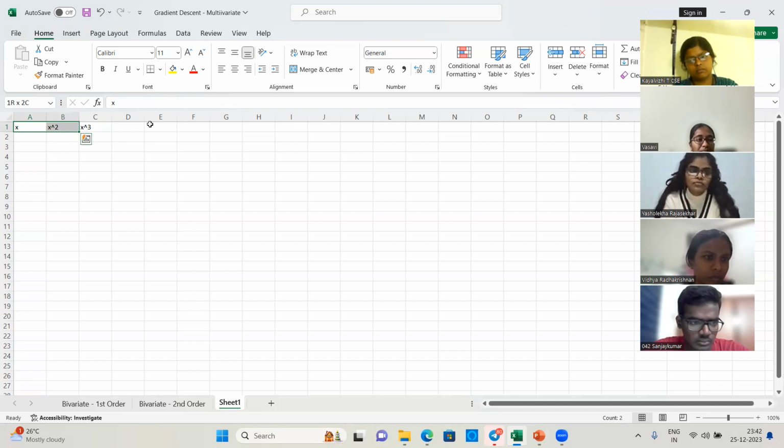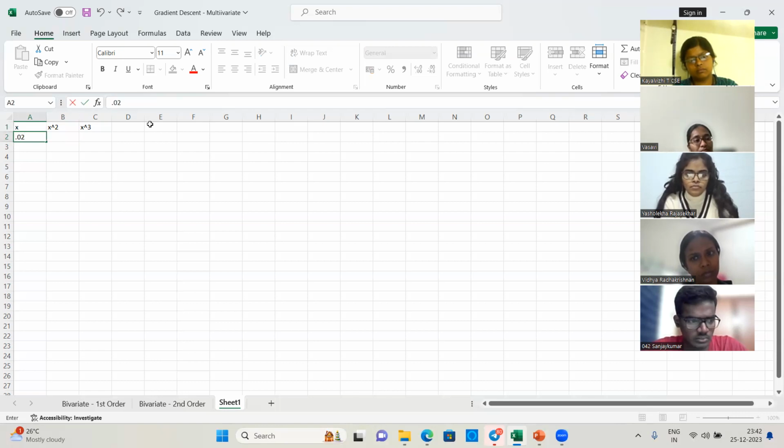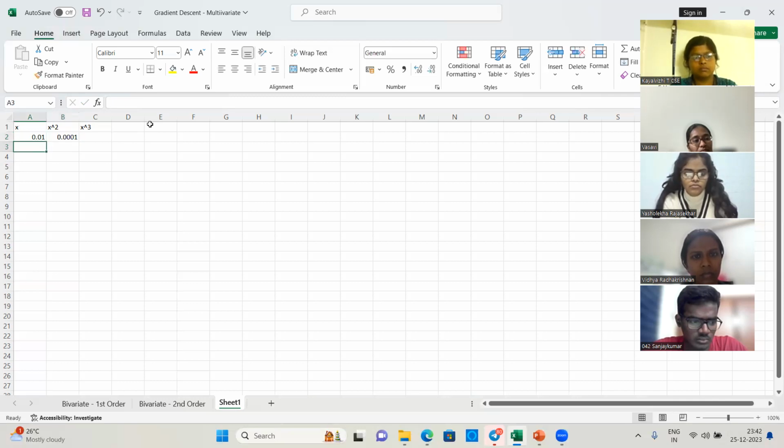When I'm dividing these two expressions, this would bring this down. So let's say if x were to be 0.01, and this of course is 0.0001, correct? Am I wrong here?